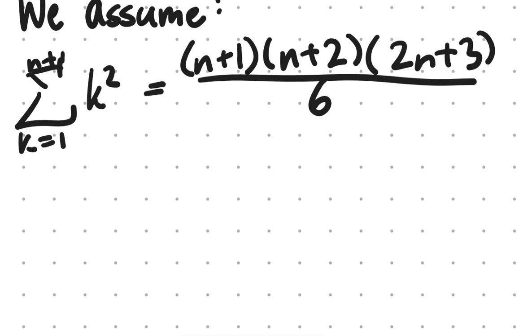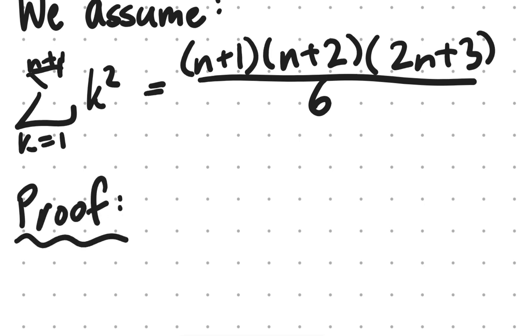Now we can assume this, but we have to prove it. So this is the proof that is going to come now. Since we know it works for n, we are trying to prove it for n plus 1.